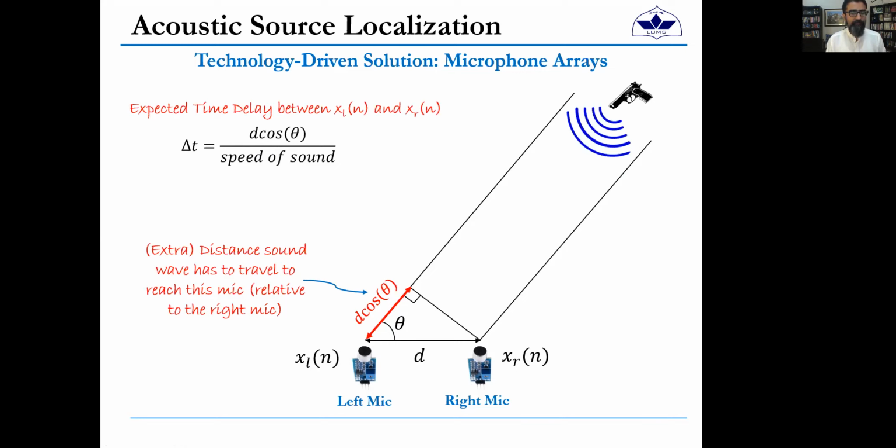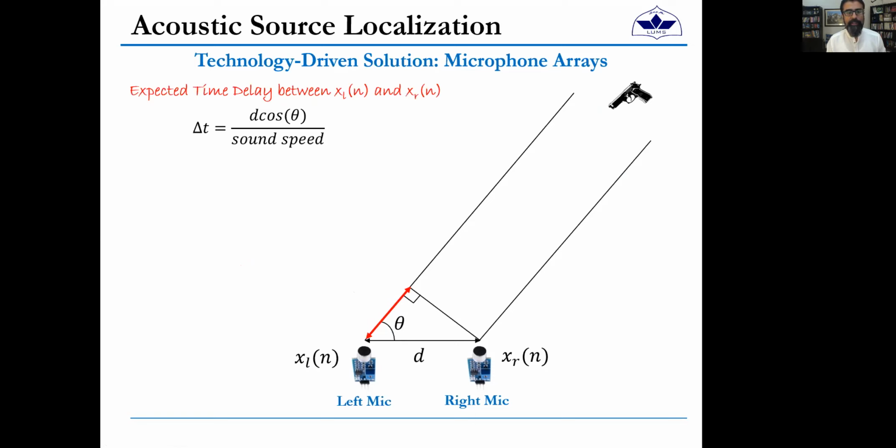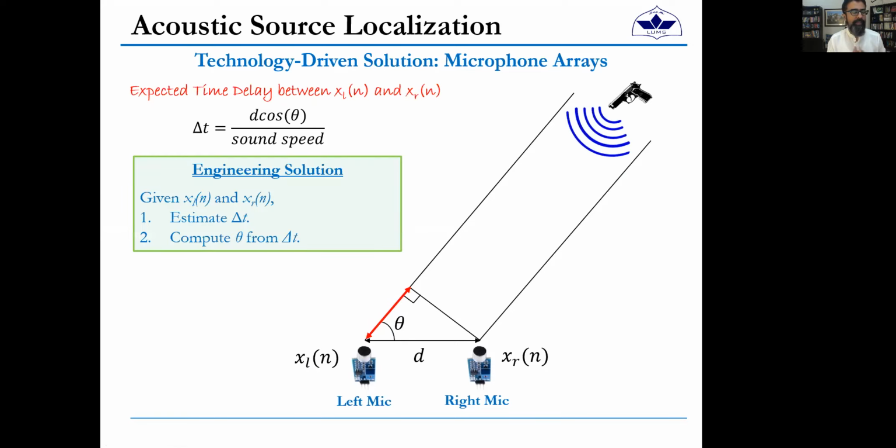So what we can do therefore is, given the right signal and the left audio signal, you just estimate what delta t is. Okay, delta t aa gaya, you know what the speed of sound is, you know what the microphone distance is, and you just compute theta. Simple as that, right?